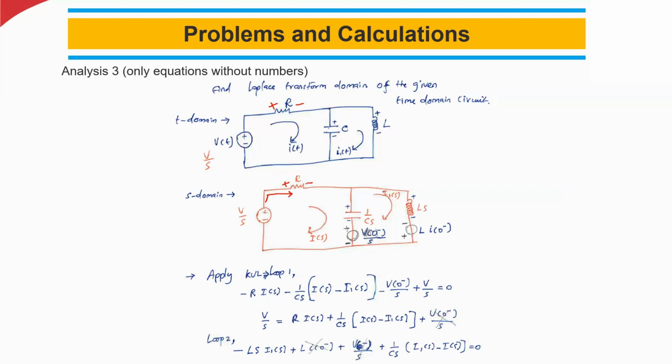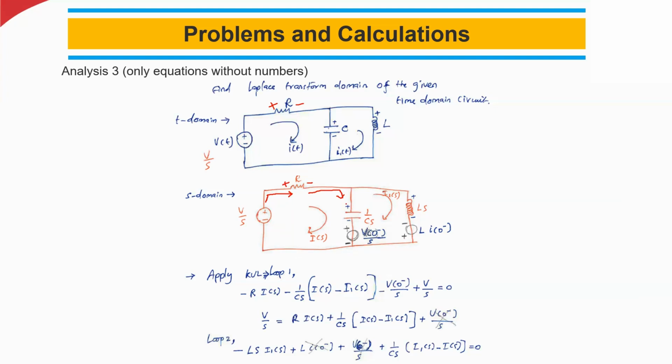So I use this exiting polarity: minus R times I of S. Similarly, the same current is flowing here as well, entering the positive and exiting the negative. So I write minus 1 divided by Cs times I of S, the current flowing through the capacitor.